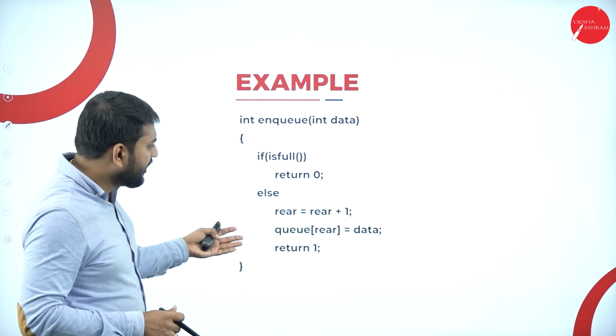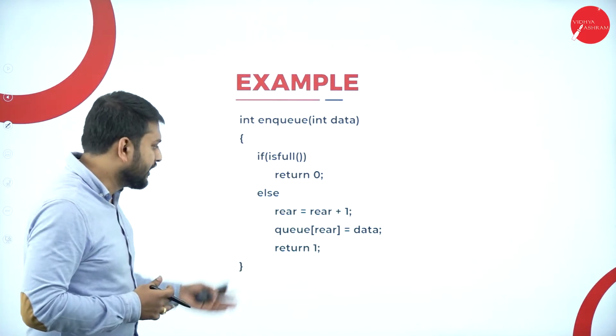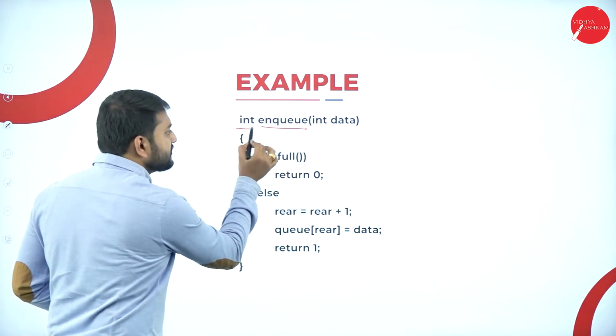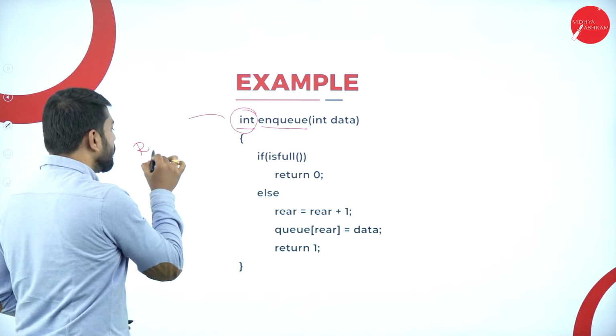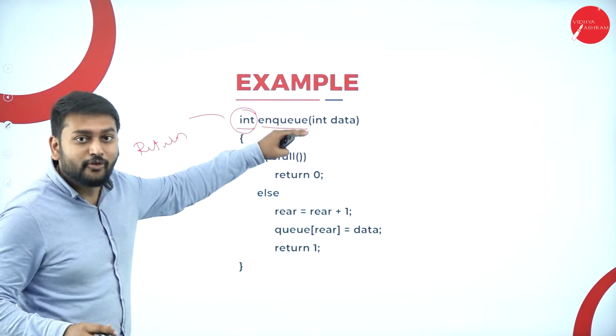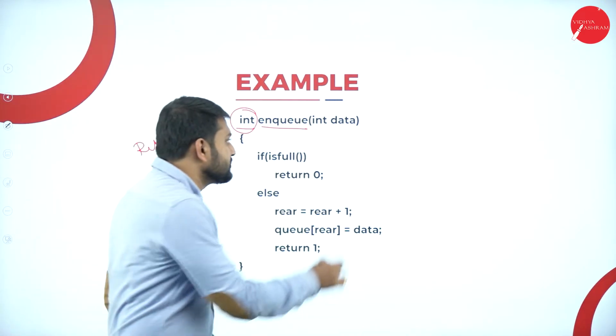The same thing I have converted into code. What is the function name here? This is what I call the return type. This is the name of the function. Here is the parameter. What is data here?